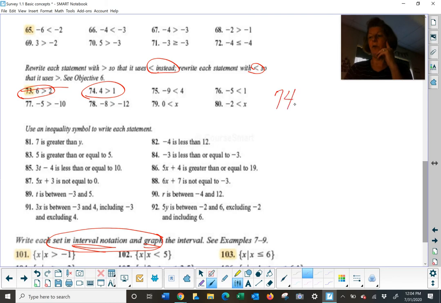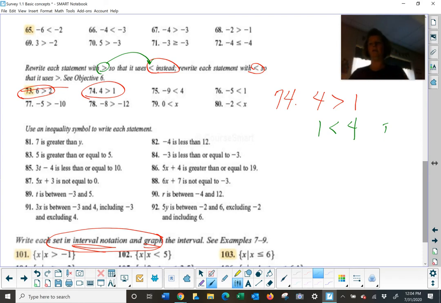So for 74, they start us out with 4 is greater than 1. I could switch the greater sign into a less than sign by exchanging my numbers. And that's what they want you to do then. And so read it to yourself. 1 is less than 4. Oh, that's true. So that's what they're asking you to do.